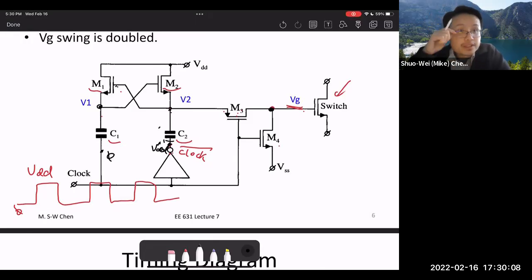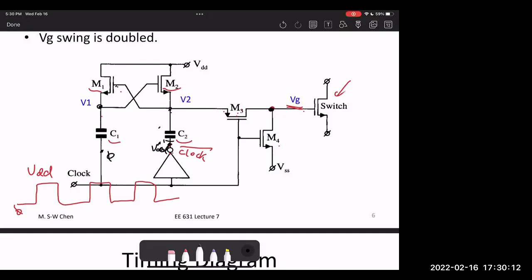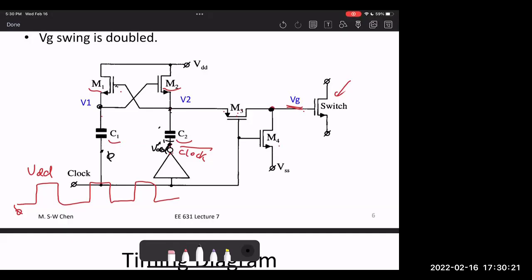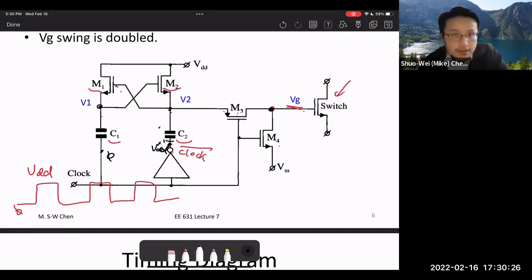Because the gate is tied to VDD. So V1 will try to get connected to VDD, but can it go all the way to VDD? That was the question. Assuming no, it will go all the way up to VDD minus V threshold. That's when the device will turn off. That's right, right?